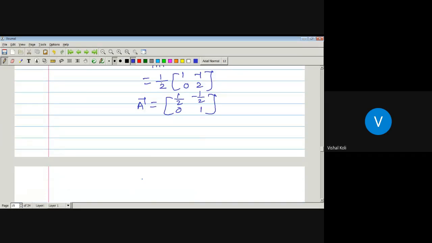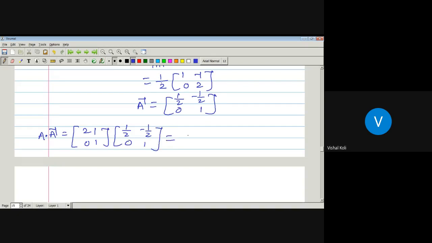For our convenience, let us check whether it is an inverse or not. For that, we consider A into A inverse, and if it is equal to I, then we say that it is invertible. A is [2 1; 0 1] into A inverse [1/2 -1/2; 0 1].